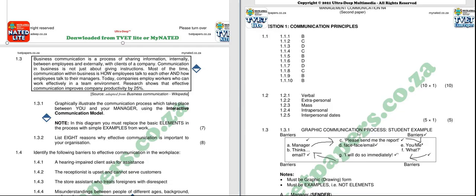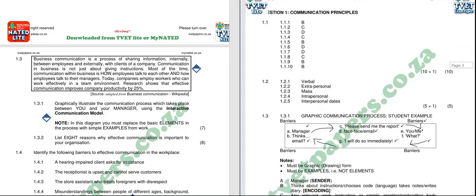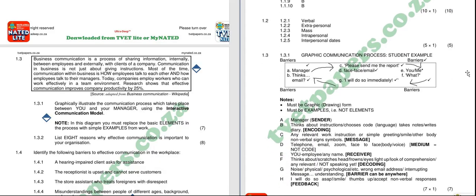So this is the graphical communication process as indicated in our answer section. This is the graphic communication process, which is a student example. Of course, we've got a manager saying, please send me the report. Then we've got the barriers. So basically this is what we have.